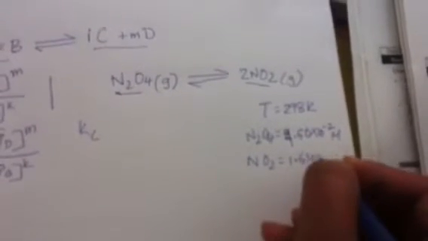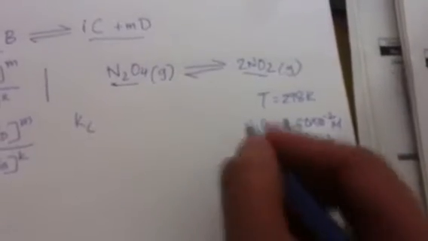I have N2O4 with a concentration of 4.50 times 10 to the power negative 2 M, molarity, which means moles per liter, and I have NO2 as 1.61 times 10 to the power negative 2, which is also a concentration. These numbers are given. I'm just solving an example, showing how to plug in these numbers.